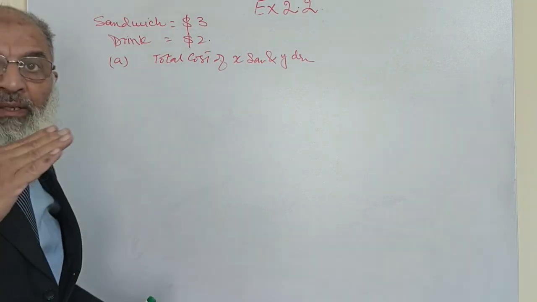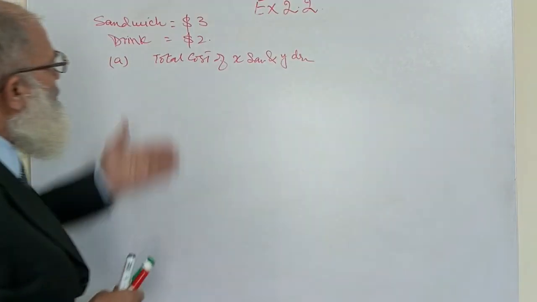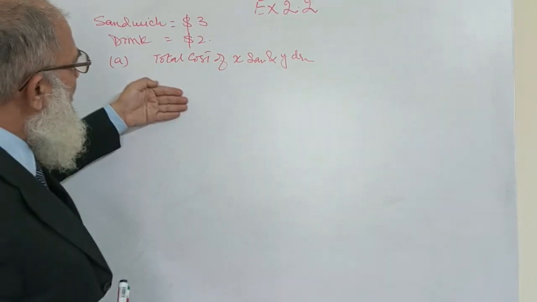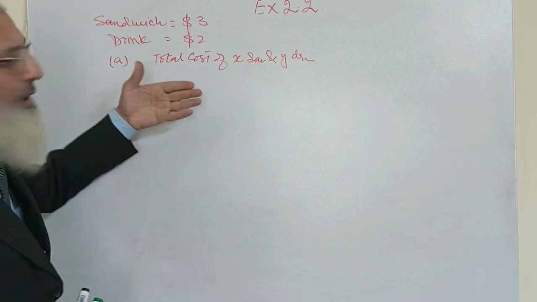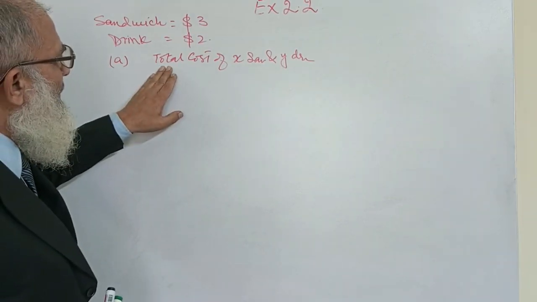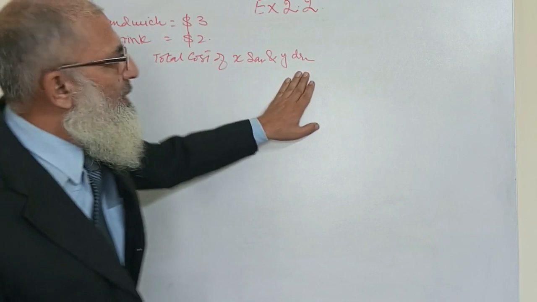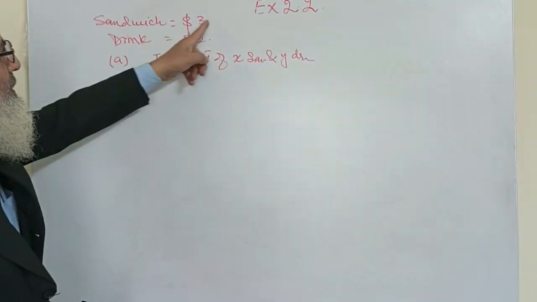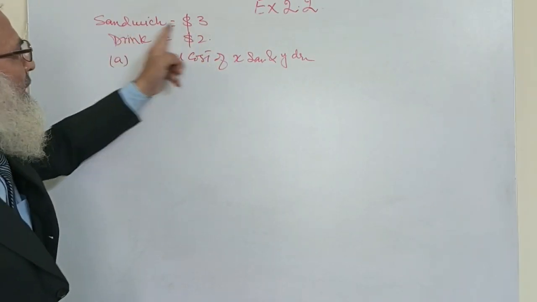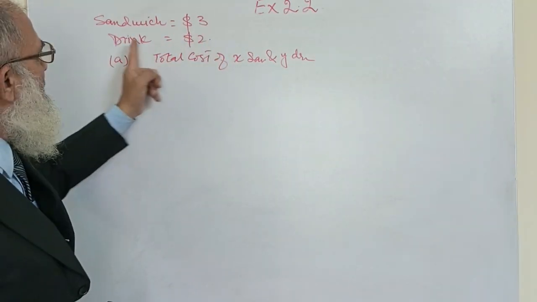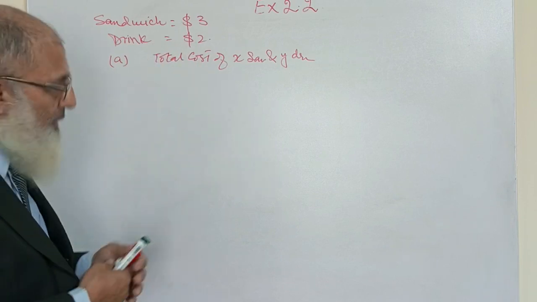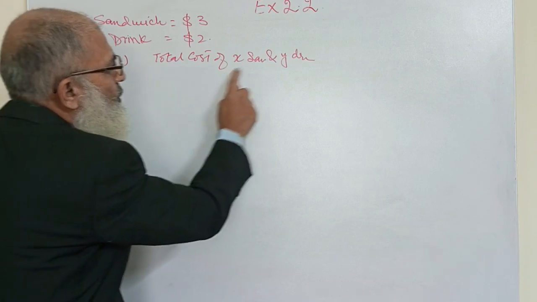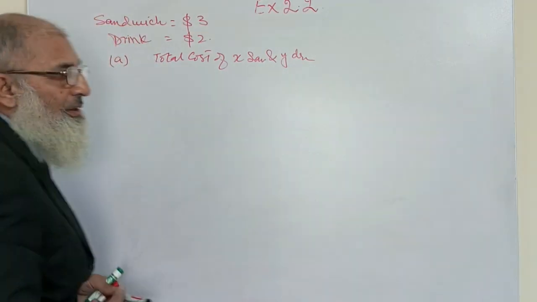This is part A. First of all, we have to construct an expression that will cover the total cost of X sandwiches and Y drinks in terms of these costs. Sandwiches cost $3, drinks cost $2.